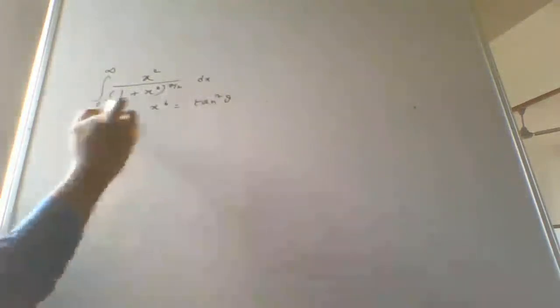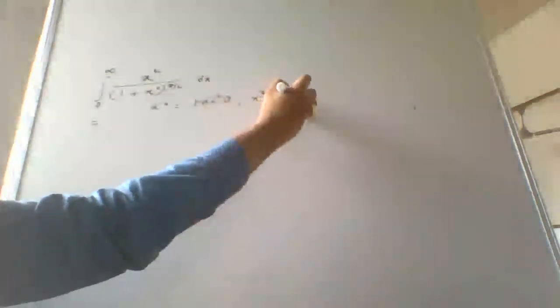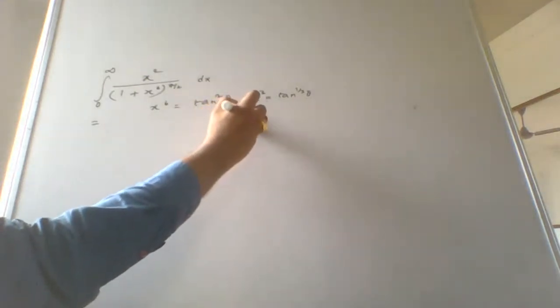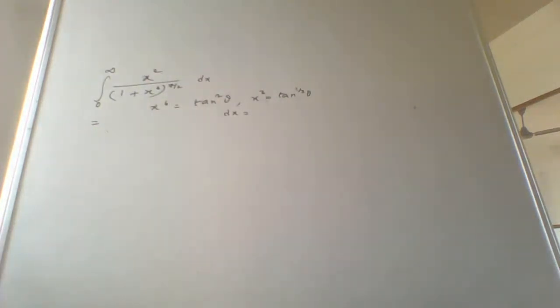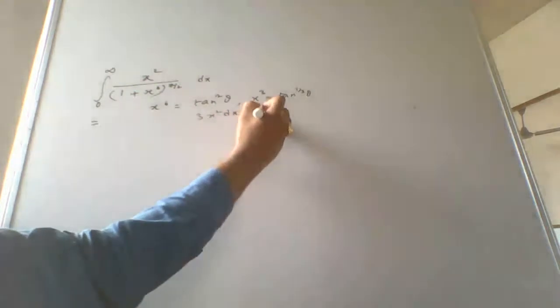So I get x cube as tan theta. If I take dx here, this is 3x square dx.